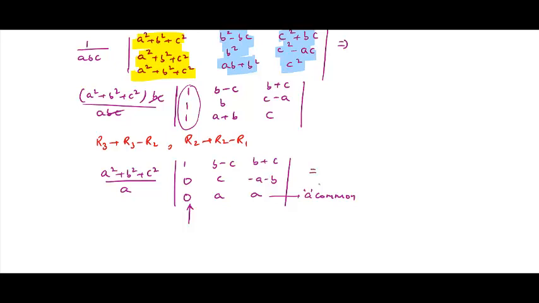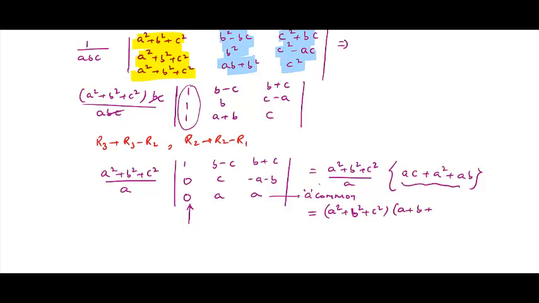So I get A square plus B square plus C square upon A into, if I expand it along the first column, we get times, this will be AC plus A square plus AB, which is same as A square plus B square plus C square. From here you can take A common to get A plus B plus C.